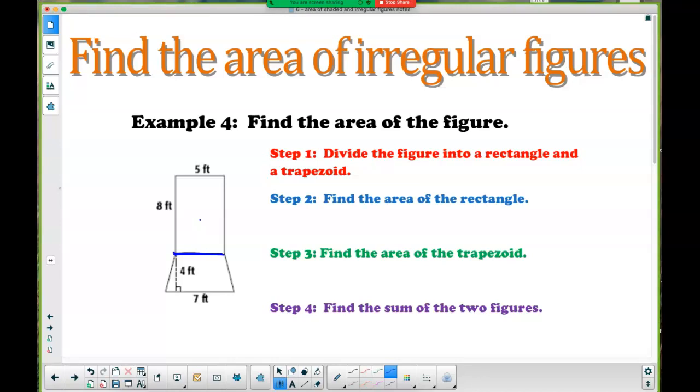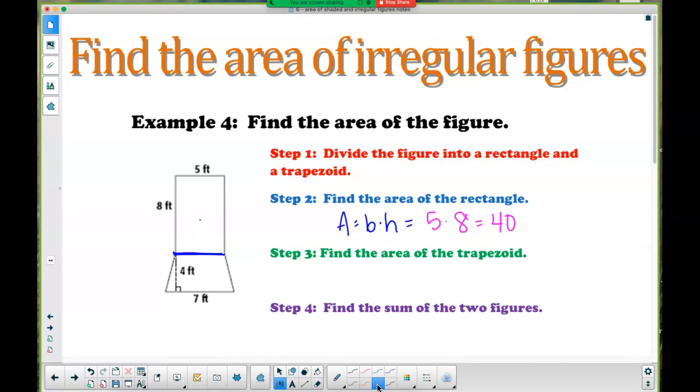So let's start with the rectangle. The rectangle is base times height. What's the base and the height of the rectangle? Five times 8. So the area of the rectangle is 40.